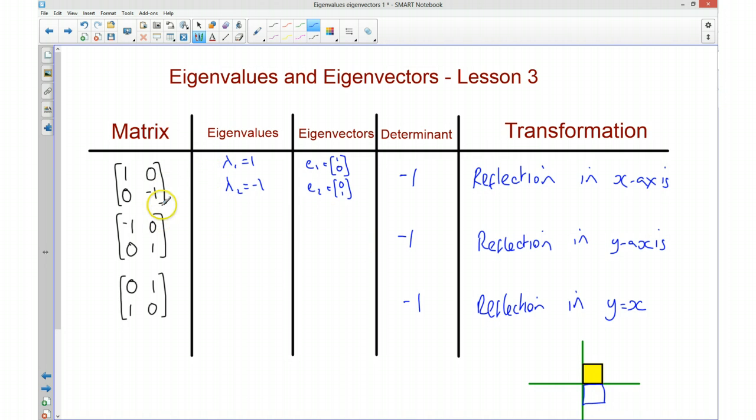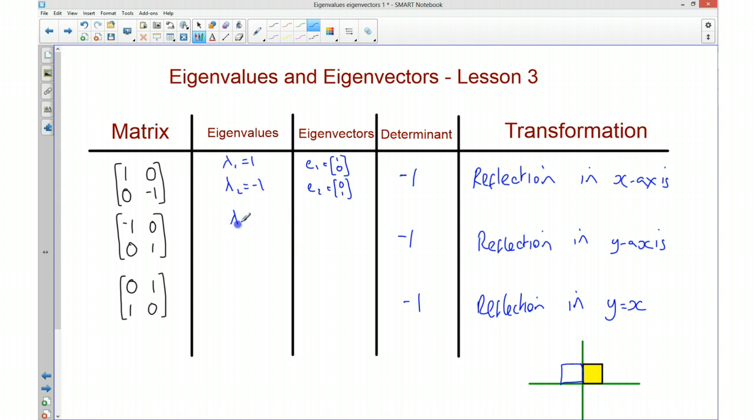Right, similarly down here, if it was a reflection in the y-axis, well, let me just move that over here. This time our y-axis is going to be our invariant line of points. Every point along the y-axis is going to map back onto itself, and this here is going to be our invariant line that's going to have an eigenvalue of negative 1.